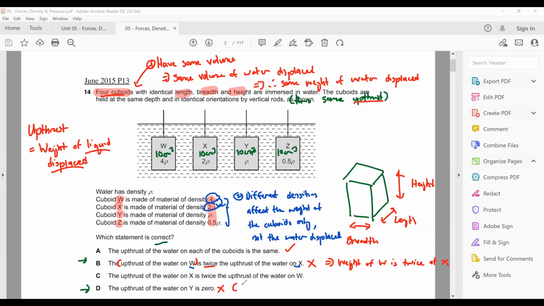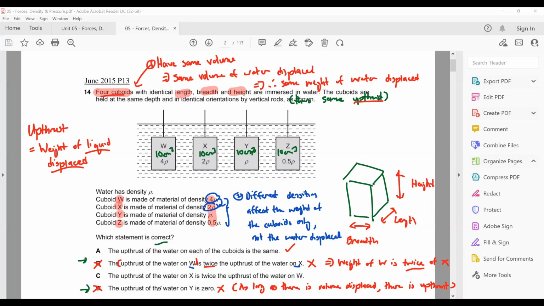As long as there is volume displaced, there is upthrust. So B and D are definitely out. For B, you see that W has double the density of X. It merely means that the weight is twice. That's all. It doesn't affect anything on the upthrust.